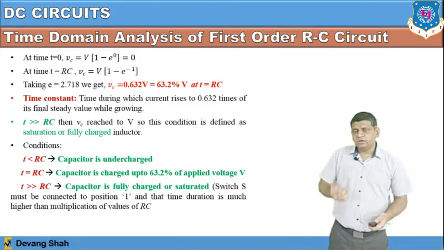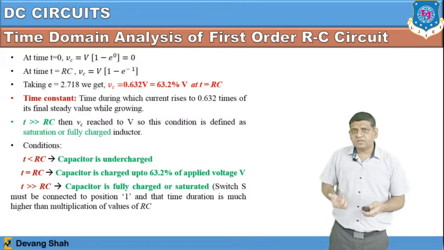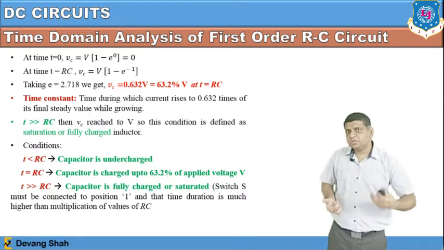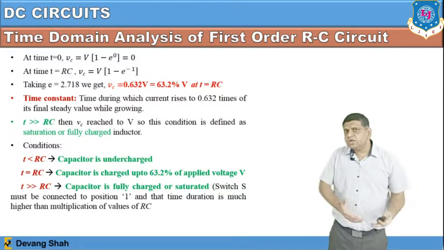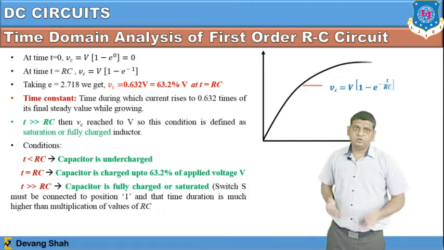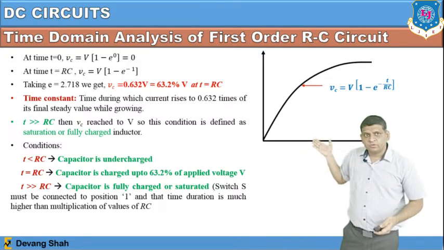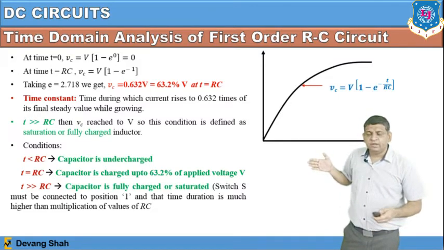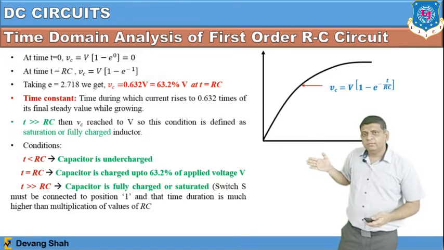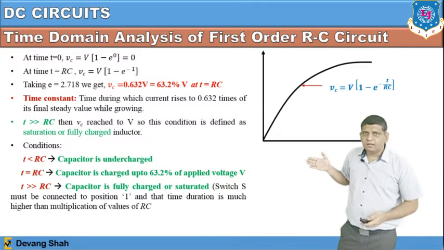So the time duration of the switch S at position 1 is much higher than the multiplication of the values of R and C. You can see here the graph of voltage versus time, where you will find the exponential shape as Vc is equal to V(1 minus e raised to minus t by RC).